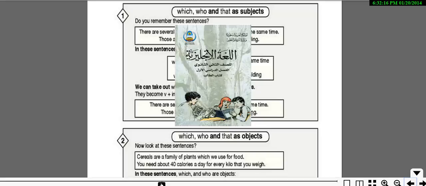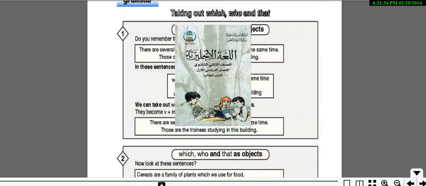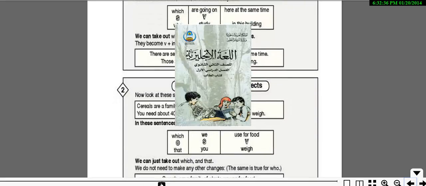It necessarily has to be connected to another clause, which is those are the trainees. So basically, if what comes after which, who, or that cannot stand alone, then it's in a subject position. But if what comes after which, who, and that can be separated as a standalone sentence, like we use for food, we use it for food, for example.